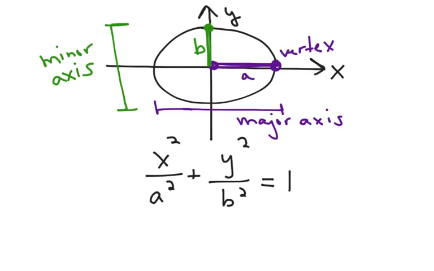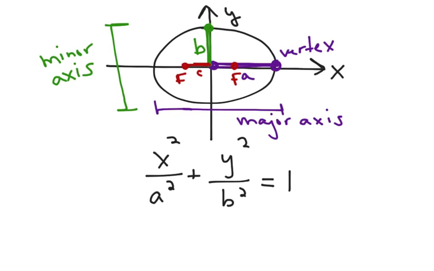Along the major axis, equidistant from the center, will be 2 points called the foci. And the foci, we're going to say that they are c units away from the center. And again, the foci lie on the major axis.